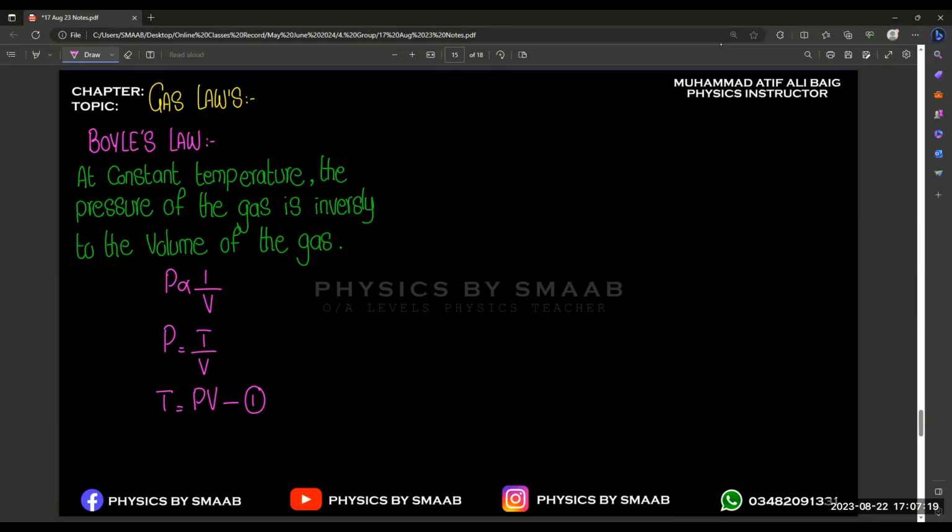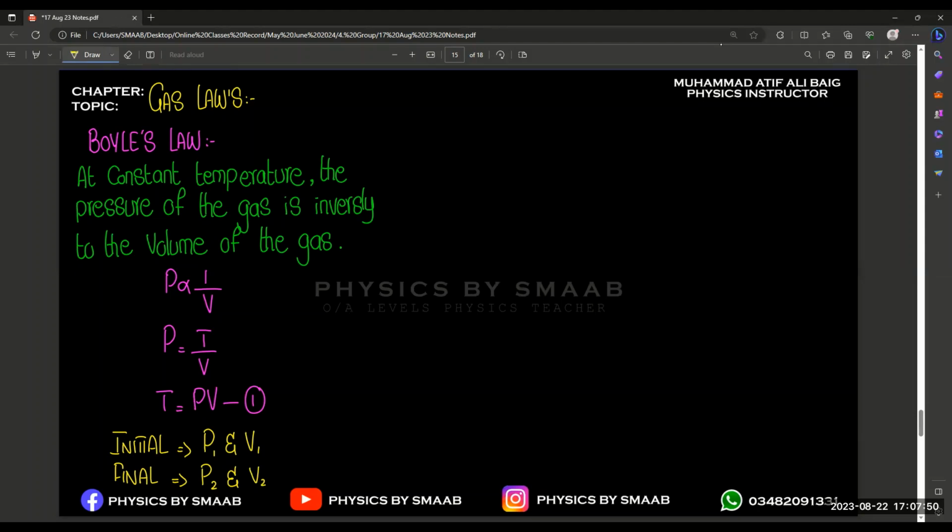Suppose at the initial state our pressure and volume are P1 and V1, and at the final state pressure will be P2 and V2, right? Because we know temperature remains constant.